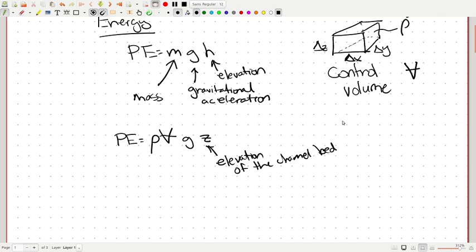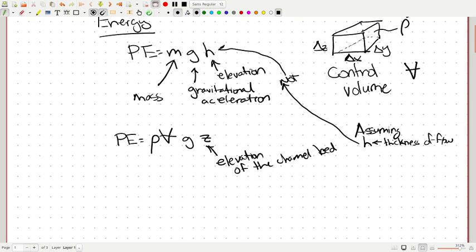So actually I'm going to write this down, assuming that h, which is now going to be thickness of flow, which means that it's not the same h as this. This is just the h that we have for, I'm just going to say this is equal to z.